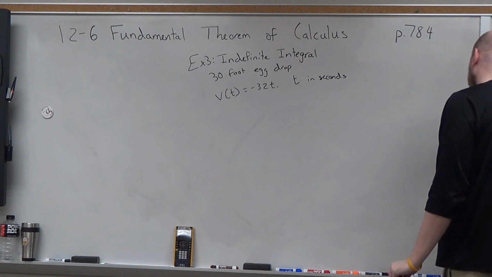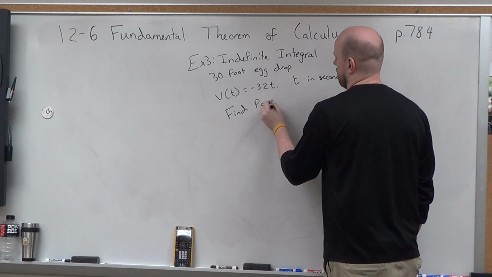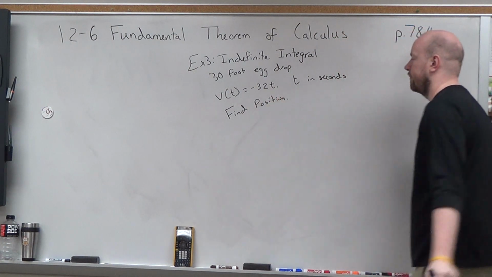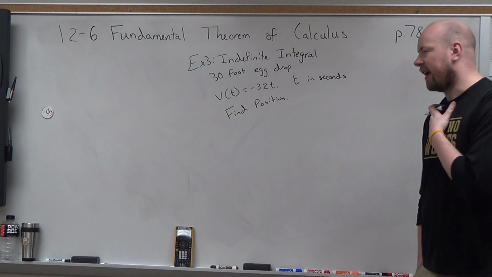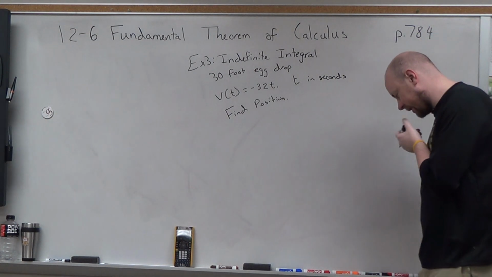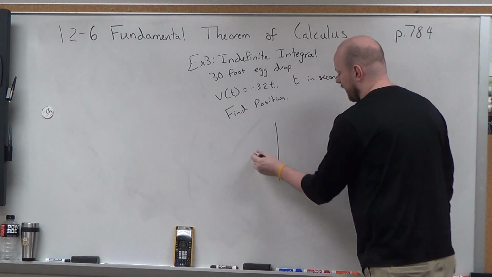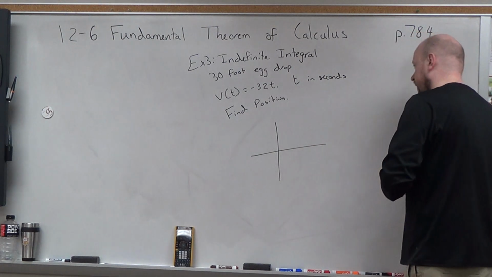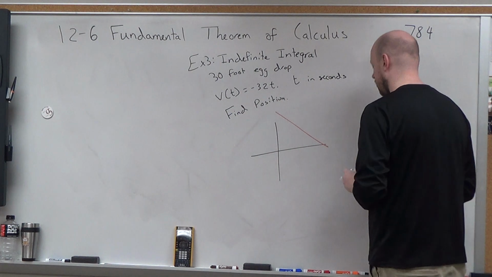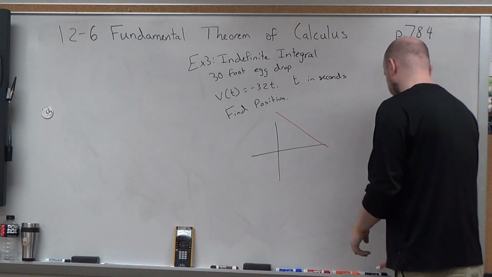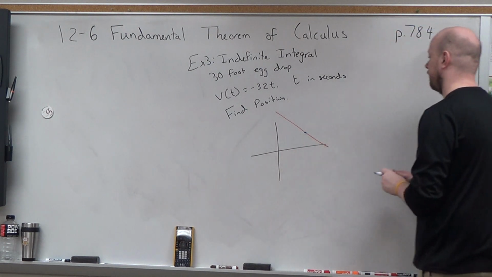Find the position of the dropped egg. Okay. So here, all we really need to work on is finding that antiderivative, because if that integral represents the area under a curve of my negative 32t, my integral would tell me that exact position in regards to time.